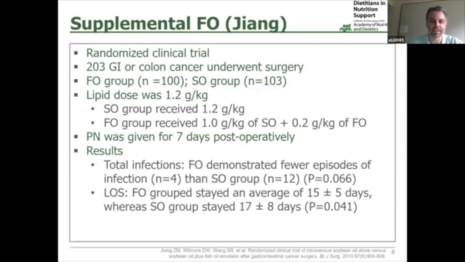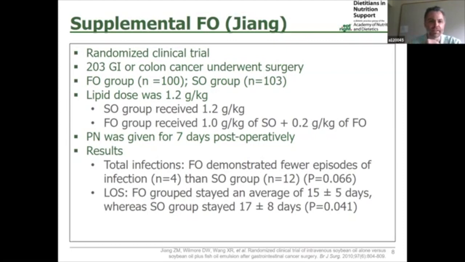So next, the next study is by Jiang in 2009. This was a randomized clinical trial that looked at 203 patients who had an underlying diagnosis of GI or colon cancer who underwent surgery. The two groups were those that received fish oil plus soybean, and the other group just received soybean oil.